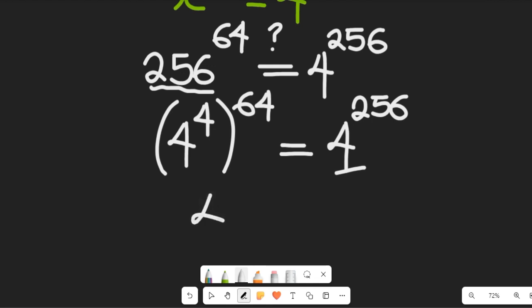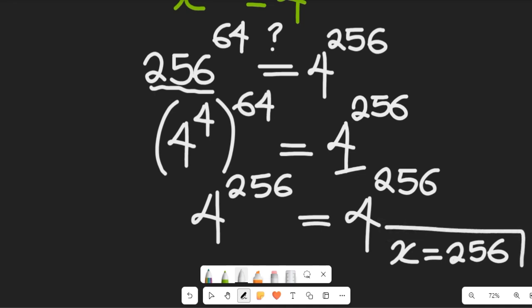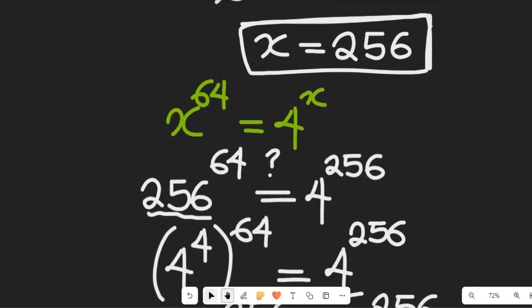So we'll have 4 to the power of 256 equal to 4 to the power of 256. Voila. So that tells us that x equal to 256 is actually the value of x that satisfies that exponential equation that is given to us up there.